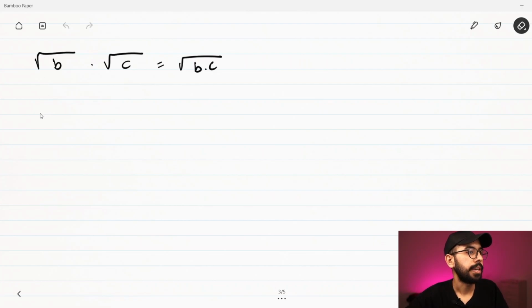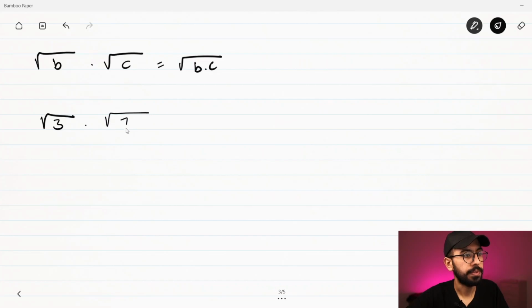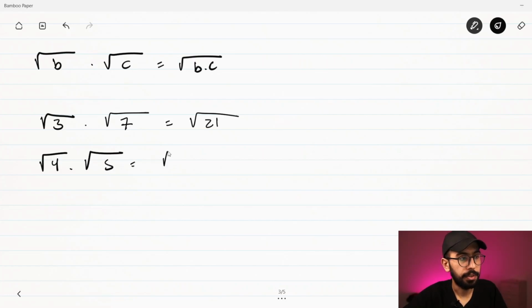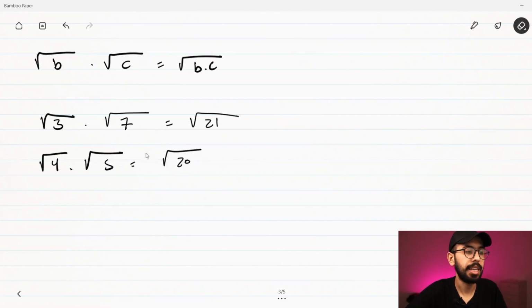Let's say we have the root of 3 multiplied by the root of 7, it will be the root of 21. If we have the root of 4 multiplied by the root of 5, it will be the root of 20. Easy like that. We just need to multiply the roots and put the number under the root.